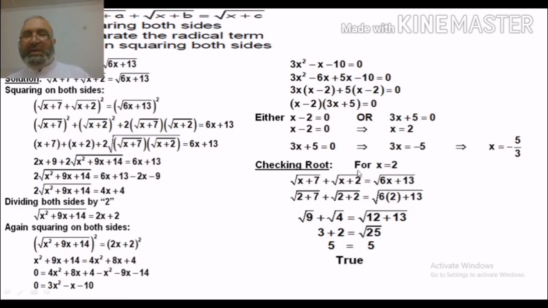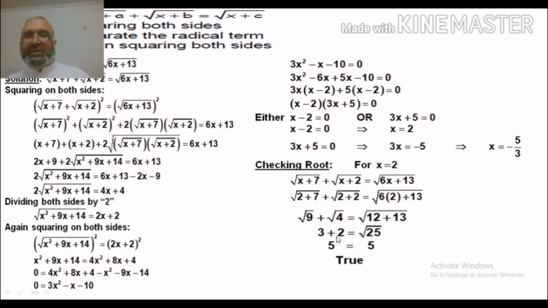So for x is equal to 2, checking the roots, put x is equal to 2 in the original equation. That becomes square root of x plus 7, 2 plus 7, plus square root of x plus 2, 2 plus 2, is equal to, on the right, square root of 6 into 2 plus 13, which is square root of 12 plus 13.